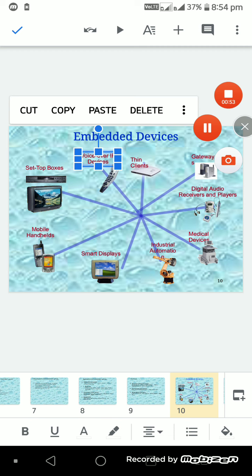First, mobile handheld means we are texting a message, or transmitting or receiving data. Smart displays means a PC or LCD or LED displays, LED scrolling displays, anything. Then how do they communicate, either characters or data?